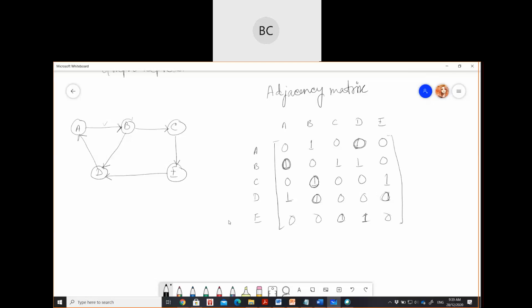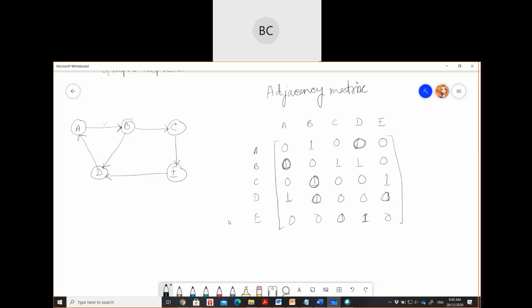So you got the difference now? If it's an undirected graph, you have to consider it in both ways. From both nodes, you can go to one node and again come back to the other node. But in case of a directed graph, you have to only follow the direction of the edge. If any edge is going from the source, that is, outgoing edges, then only you will consider it and write 1.